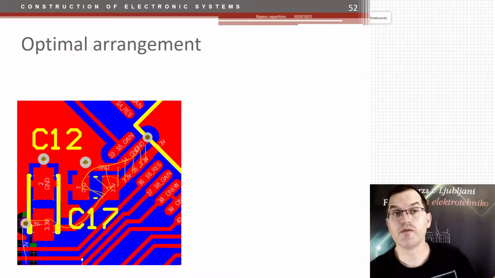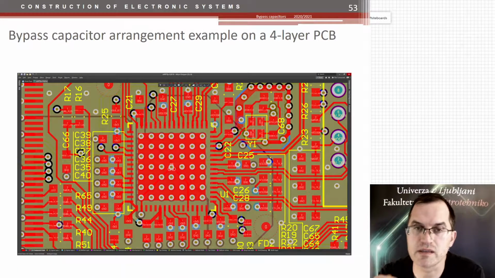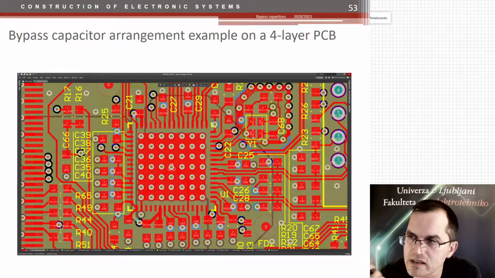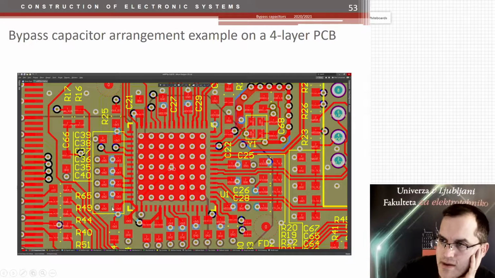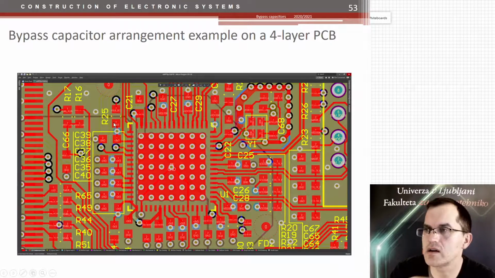What about a four-sided PCB? For a four-layer PCB, not four-sided, four-layer PCB, well, this is an example. We have a lot of bypass capacitors all around this microcontroller. Here we have a lot of ground connections.